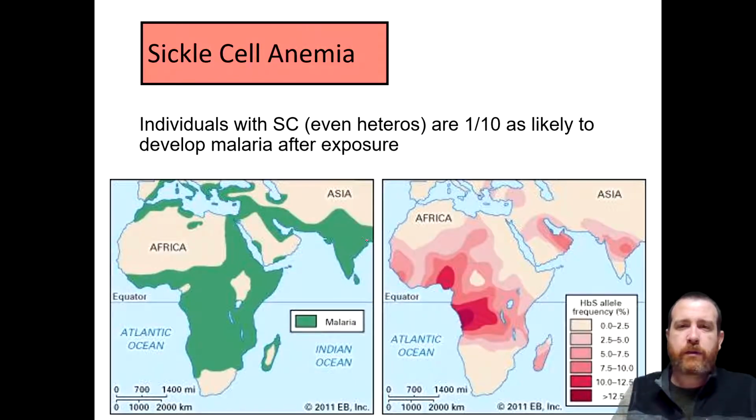It's a pretty clear distinction that there are areas that have lots of malaria. It's a pretty common selection force for this showing up in the human population. We actually think that sickle cell anemia might have evolved a couple times. So that's why you see an Arabian Peninsula and an Indian subcontinent version of this, as well as a sub-Saharan Africa one.